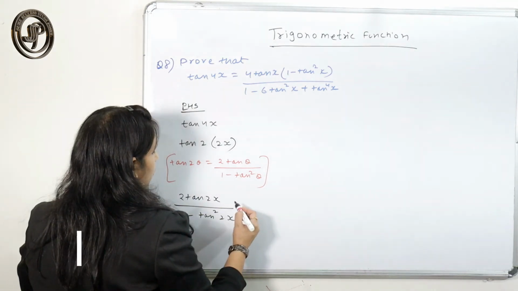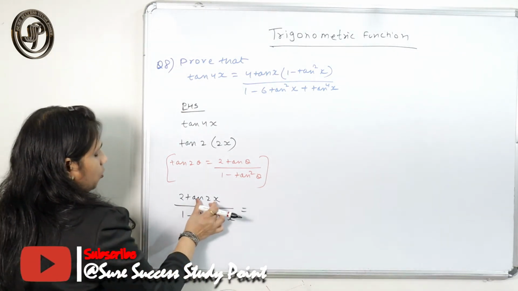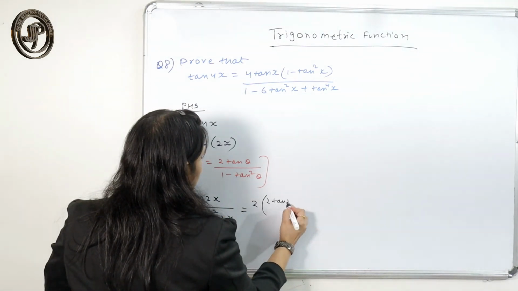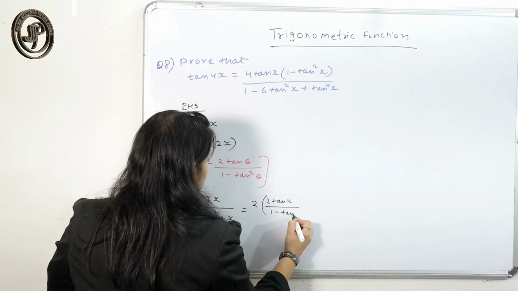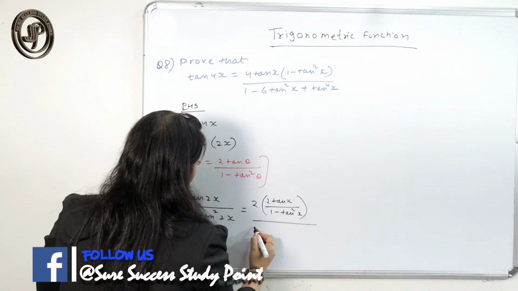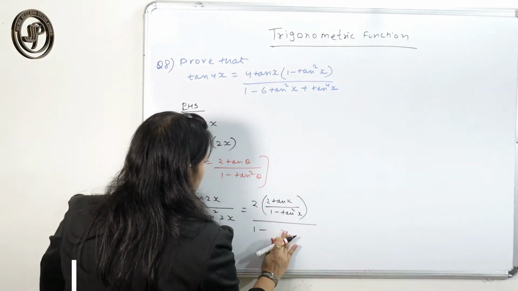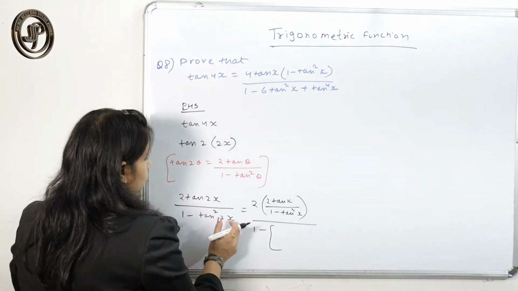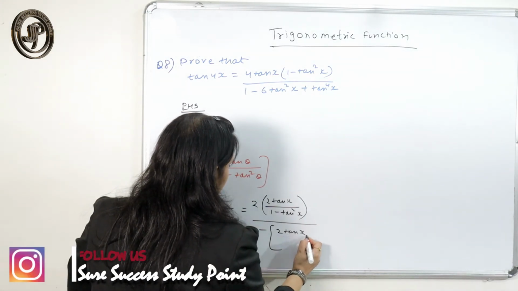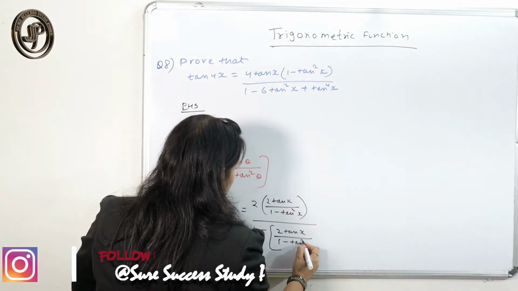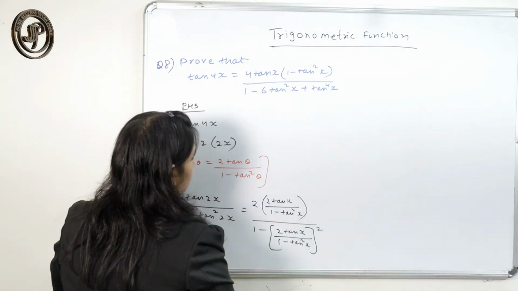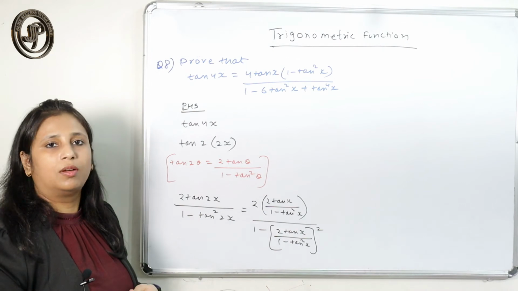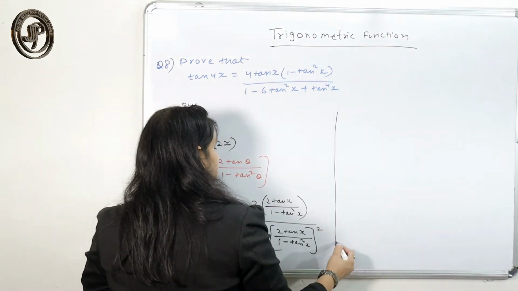Again now I can apply the formula of tan 2 theta here and here also. So 2 tan x upon 1 minus tan square x here, and within the bracket I am going to apply the formula of tan 2x again. So 2 tan x upon 1 minus tan square x the whole square. Now I have to simplify this only, then I will get the same result. How can I simplify this?